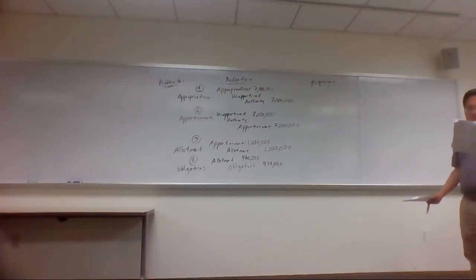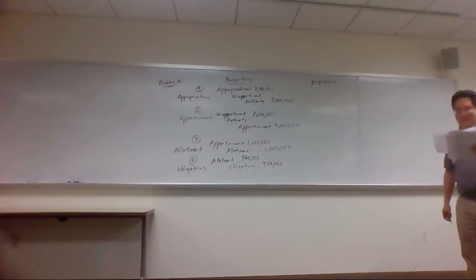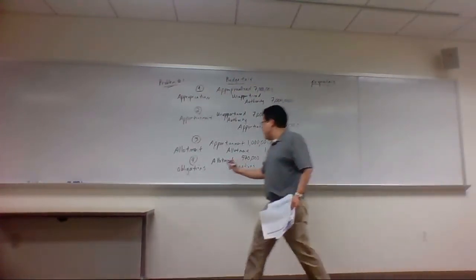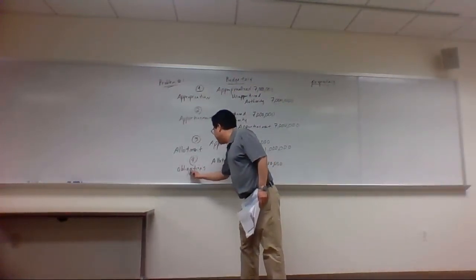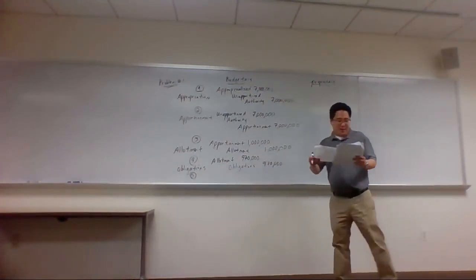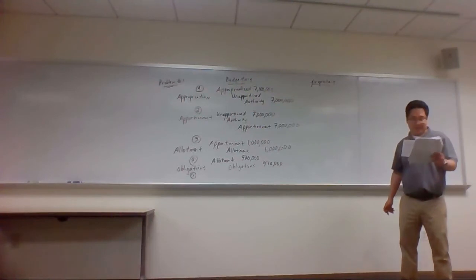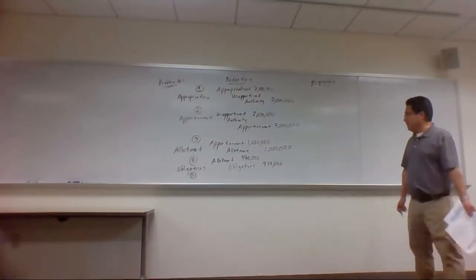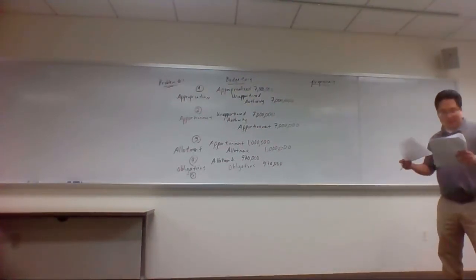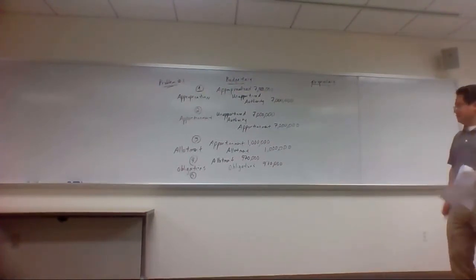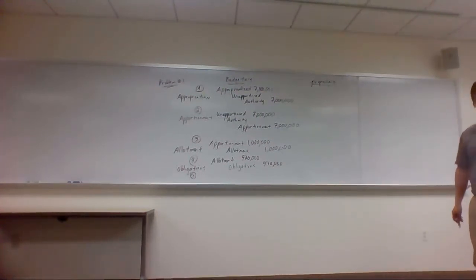What's the 5th step? The 5th step is expenditure, right? Or expense. I'm going to squeeze that here, number 5. What does 5 say? Payroll is $170,000, right? If you have payroll, which you paid, then I think we shouldn't have any more obligation, right?